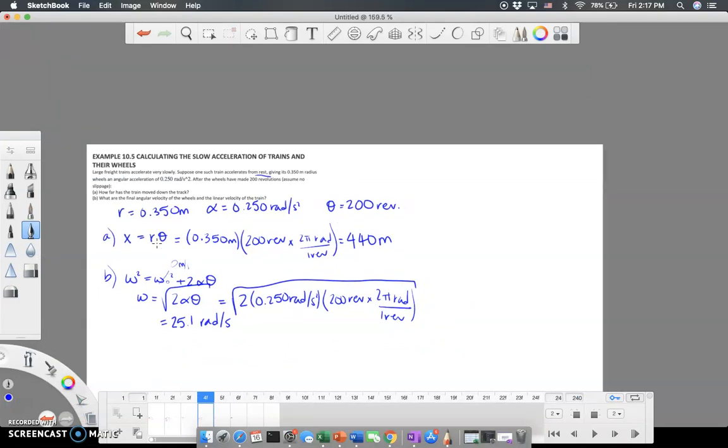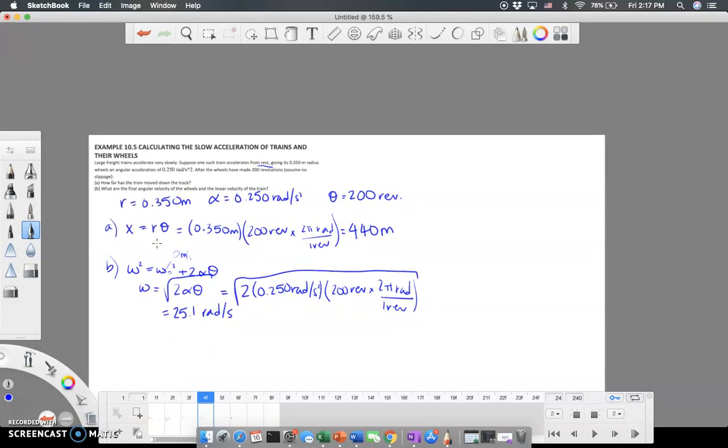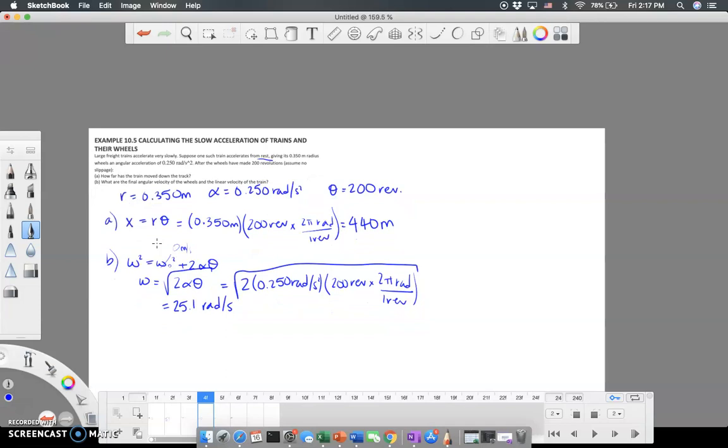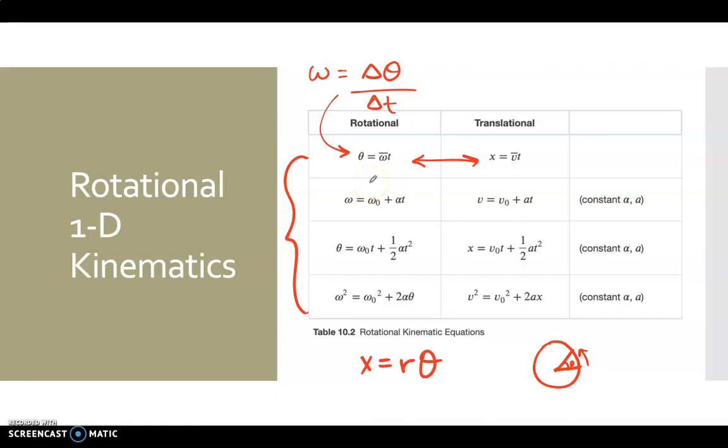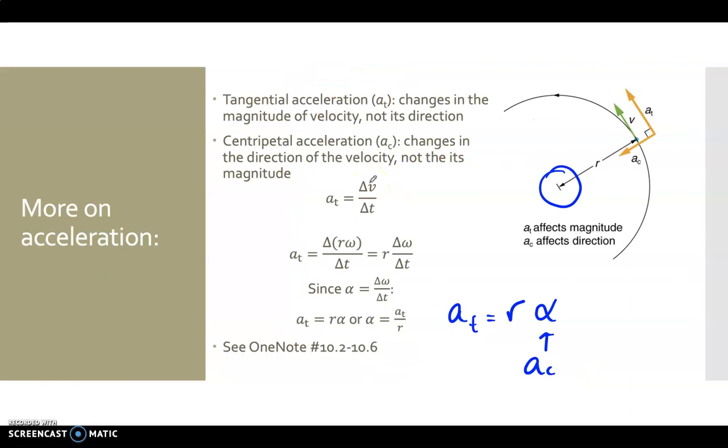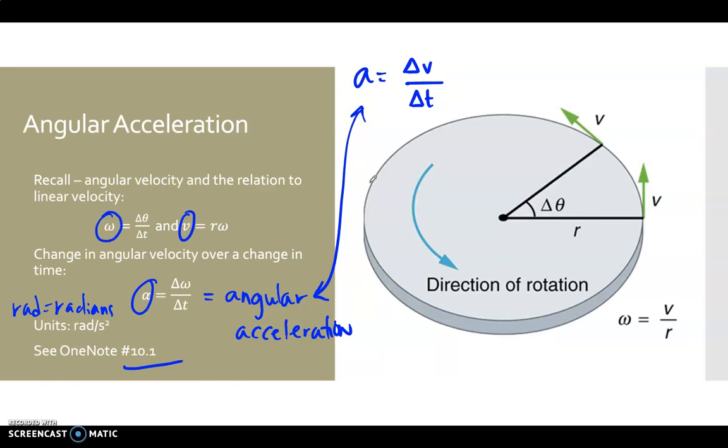Okay. So the last part is what's the linear velocity of the train? Let me look back here. I think we did this earlier.